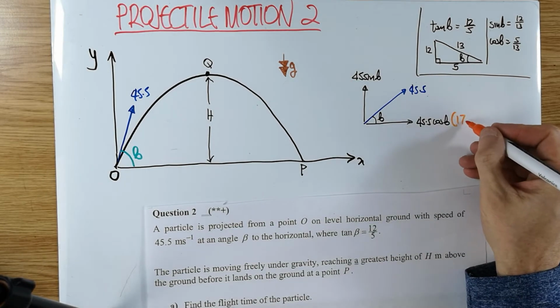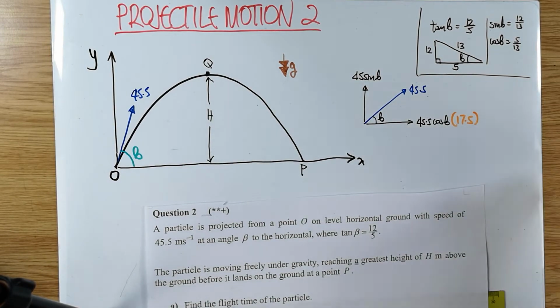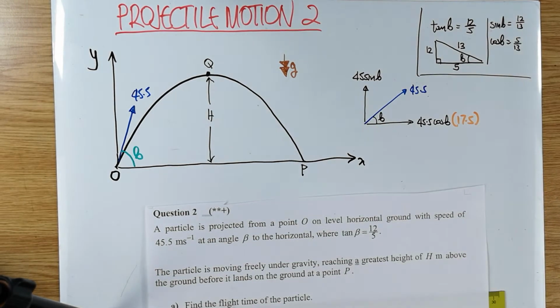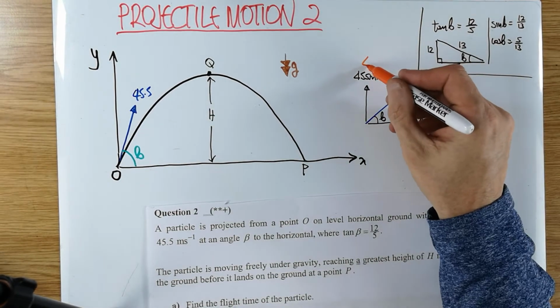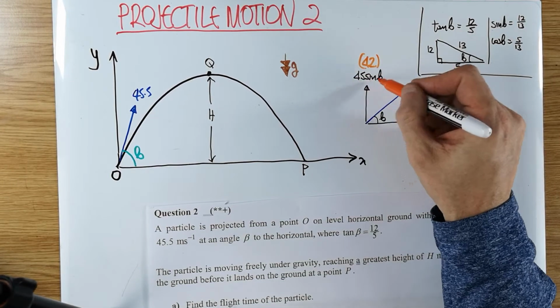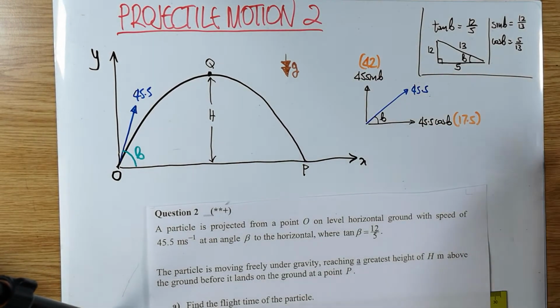So in fact, this is 17.5 meters per second. And the other one, 45.5 times the sine, which is 12/13, is 42. So in fact, I can ignore these quantities here and I can just work with 42 and 17.5.